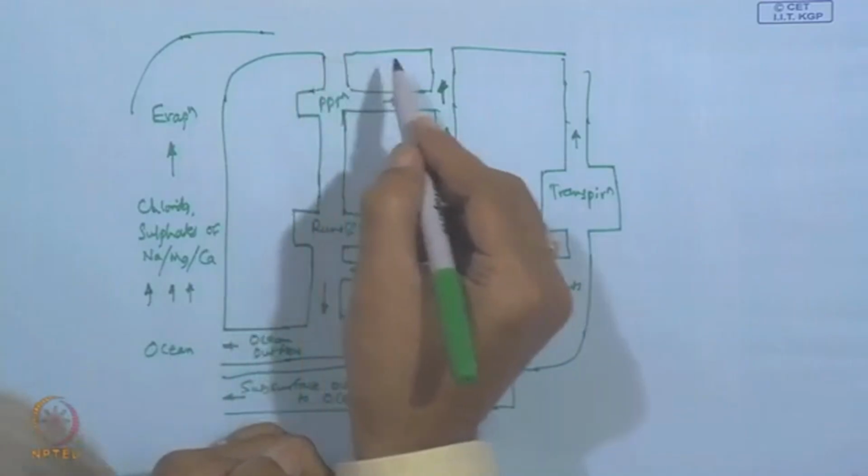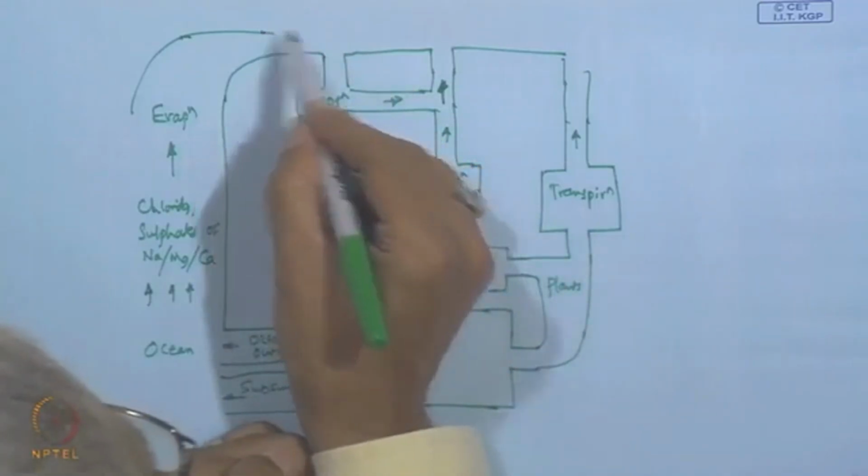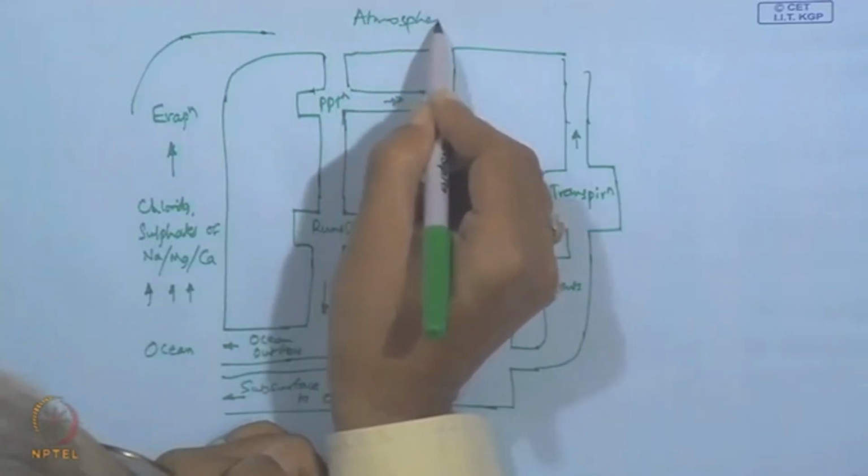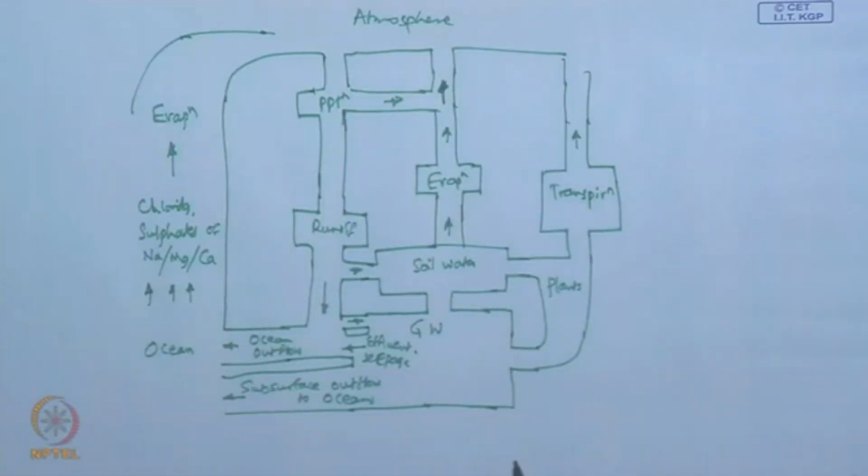And so here you have the atmosphere. So this is the geochemical cycle of surface water and groundwater.